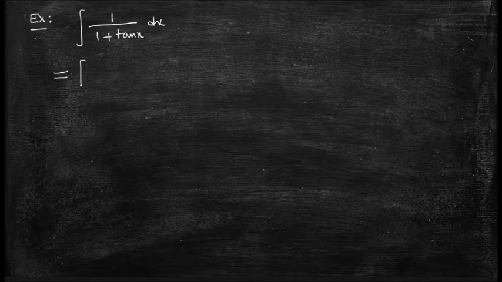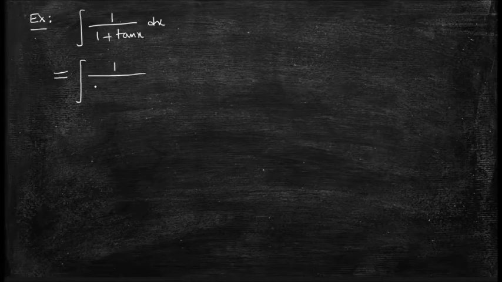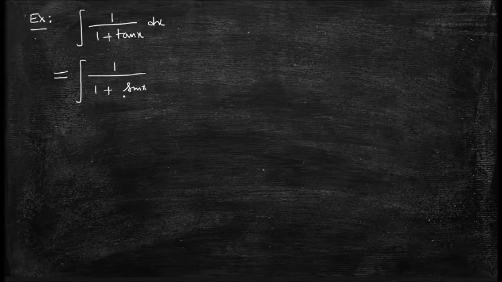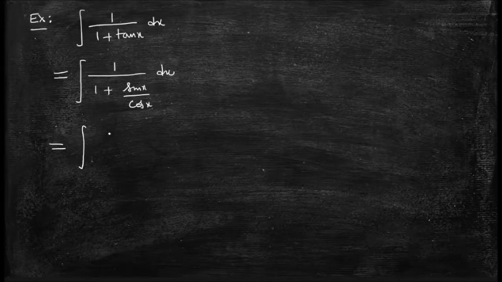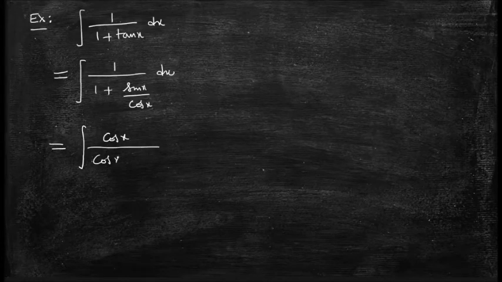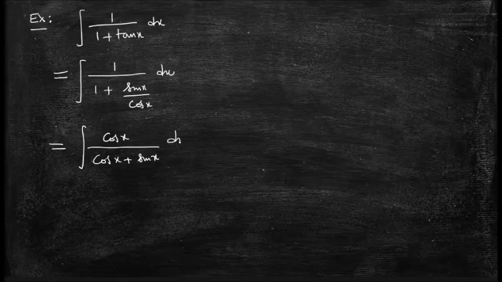First you simplify that tan x form. 1 by 1 plus tan x can be written as 1 by (1 plus sin x by cos x) dx. Now when you take LCM cos x and rearrange, it will become cos x by (cos x plus sin x) dx.